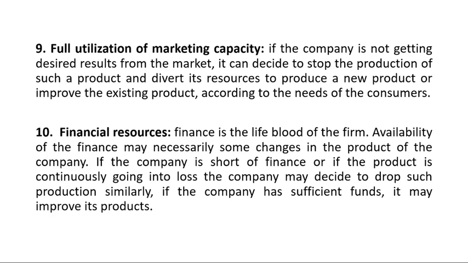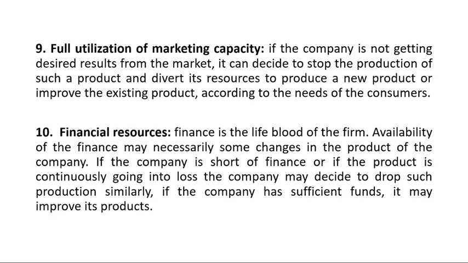Similarly, if the company has sufficient funds, it may improve its product. So, the company always needs money to run successfully, and so it will always study. If any product is not successful, it will immediately stop production and try to produce another product which may be acceptable to the consumers.